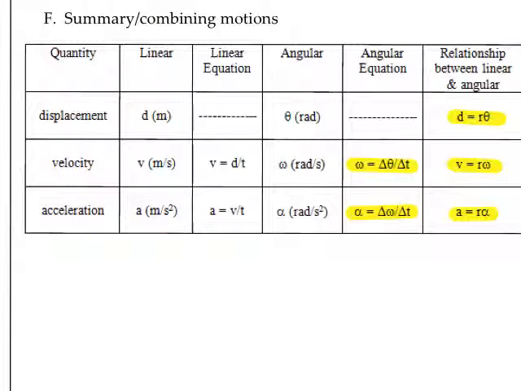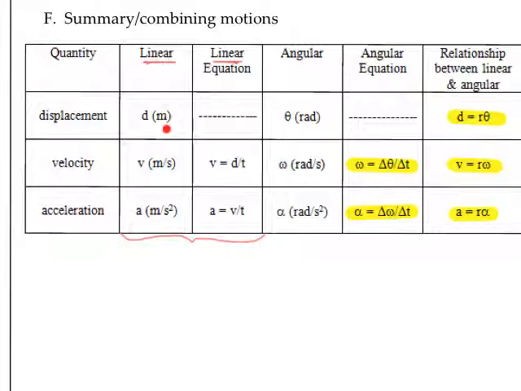This slide has a very nice summary for combining our types of motions. So just to walk you through, the quantities that we are going to be comparing will be displacement, velocity, and acceleration. These two columns are the linear ones. This is what we've had before.